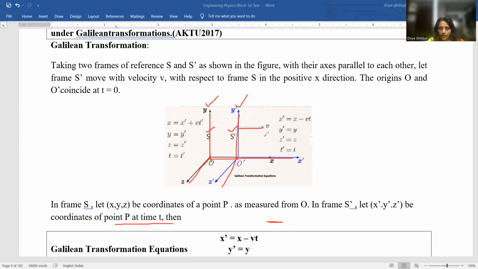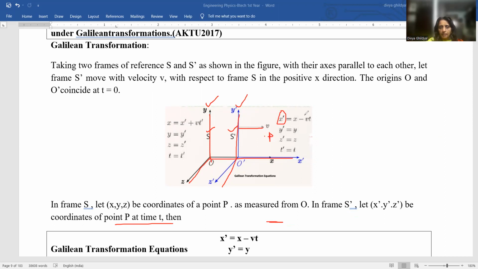For any point under observation, the coordinates of the point with respect to frame S will be x, y, z. With respect to frame S dash, they will be x dash, y dash, and z dash. If we apply simple mechanics to it, then if it is moving in the same direction, the x dash coordinate comes out as x minus vt, and if it is in the opposite direction, you take it as x plus vt.